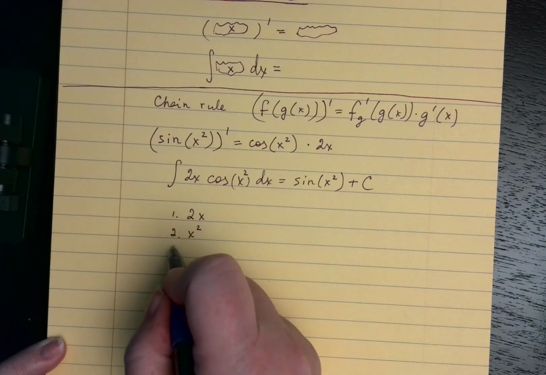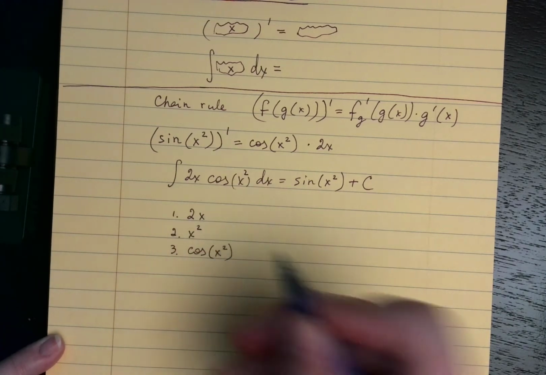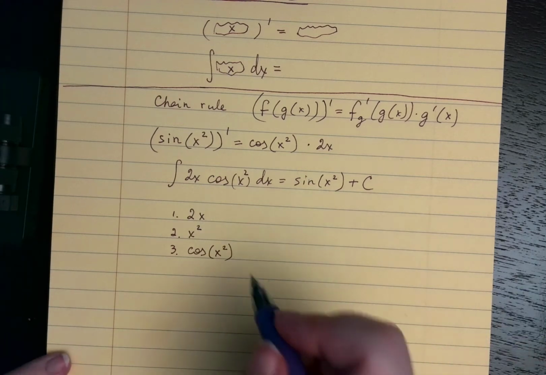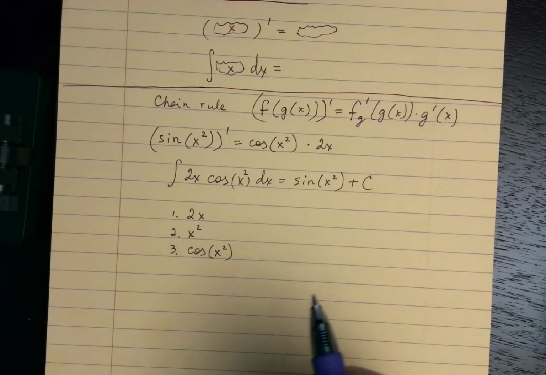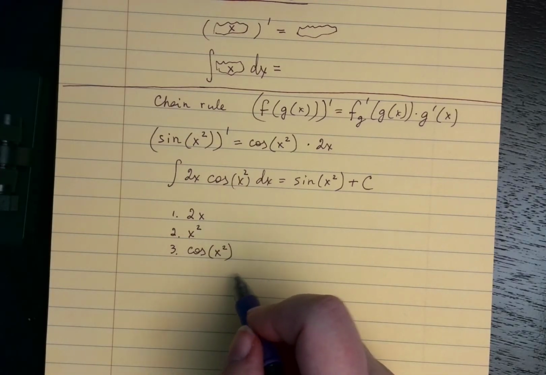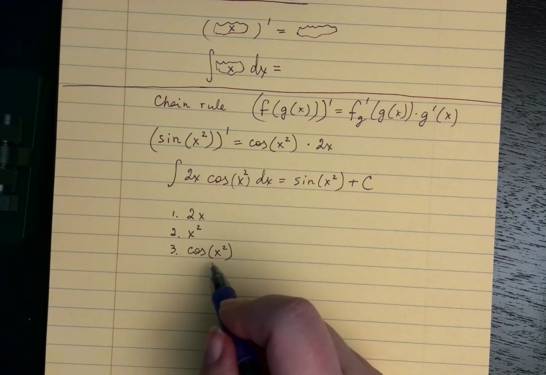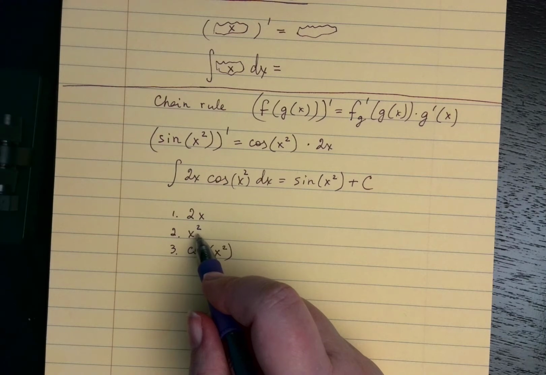And the third that I see here is cosine of x squared. And this pattern is pretty complex. It's cosine, and then you can see that it's a composed function. So we don't want to pick a composed function. We want to pick an advanced pattern, like x squared. And we don't want to pick one that is too simple.